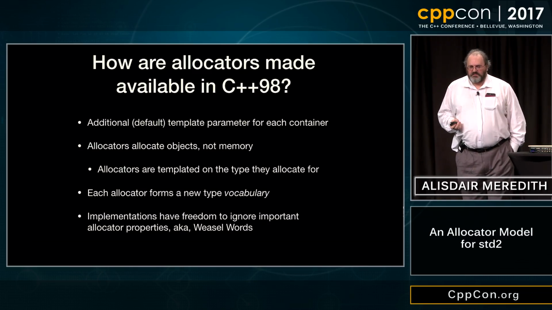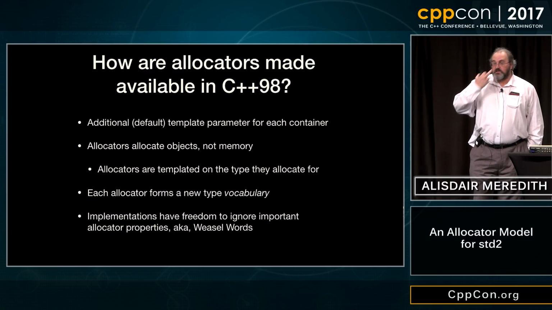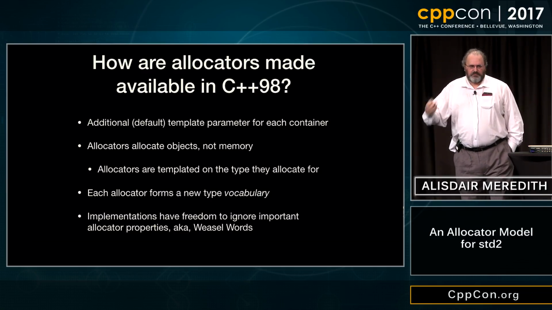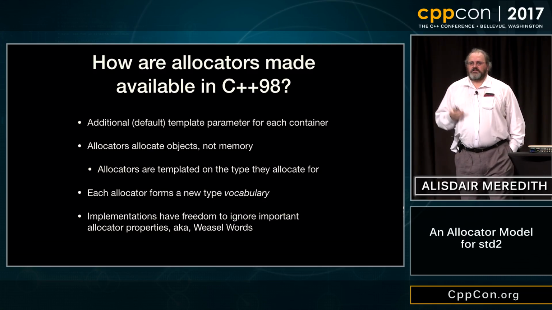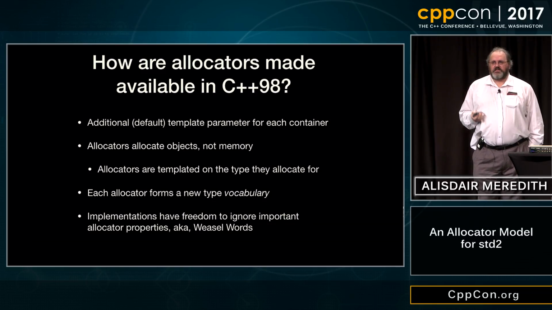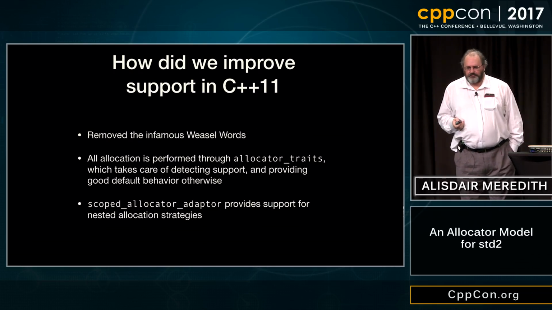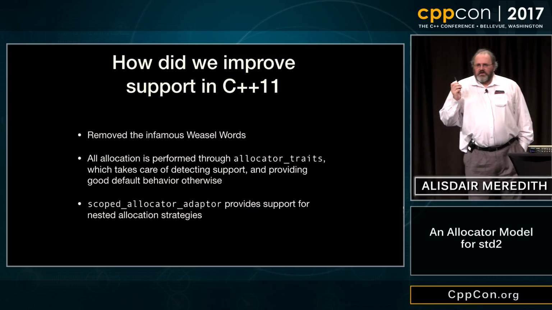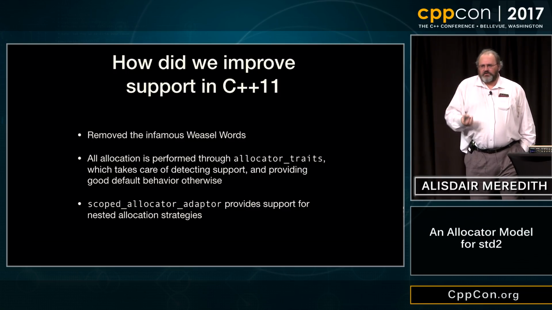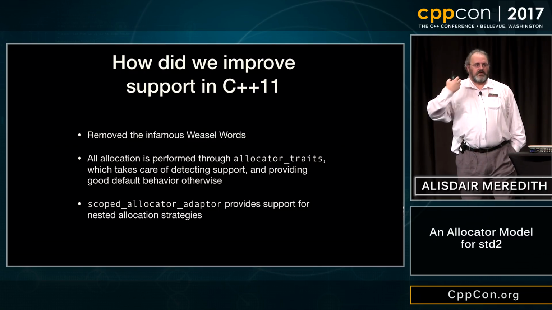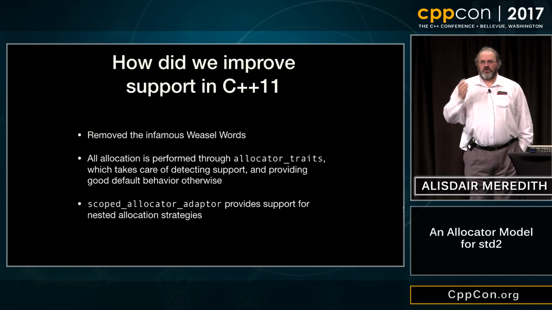The other thing we got with C++ 98 was, because the whole notion of allocator was a bit speculative and new, we gave the implementations freedom to ignore a couple of properties that you would get from plugging in an allocator when you create your objects. And the first thing we did in C++ 11, as we started trying to tackle the notion of how well allocators can be used in practice, was remove those weasel words.